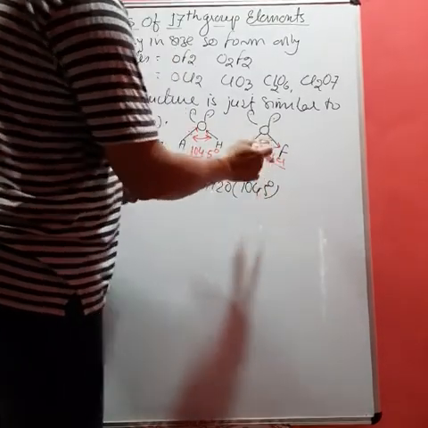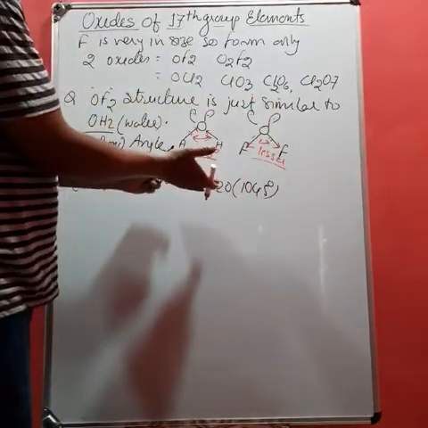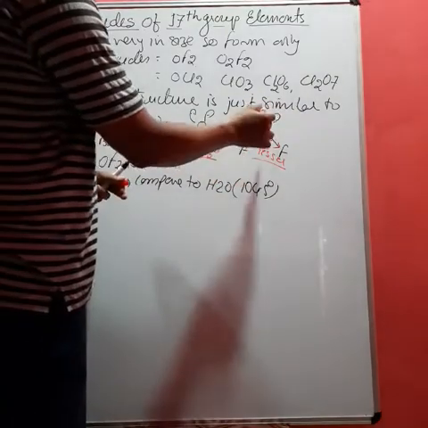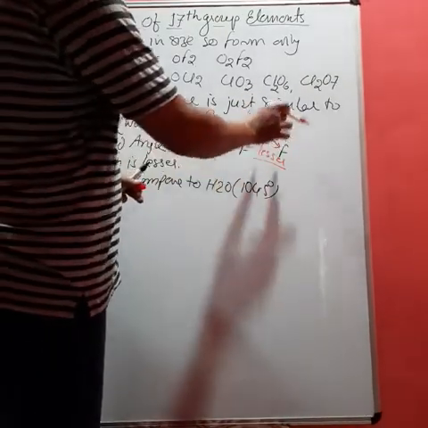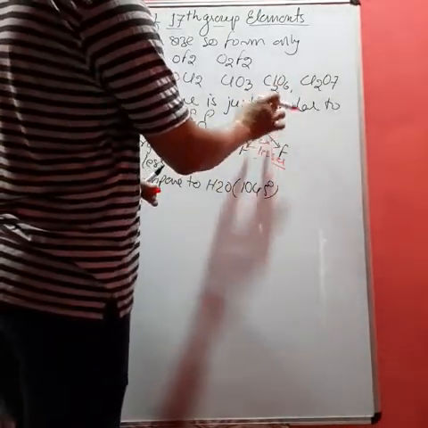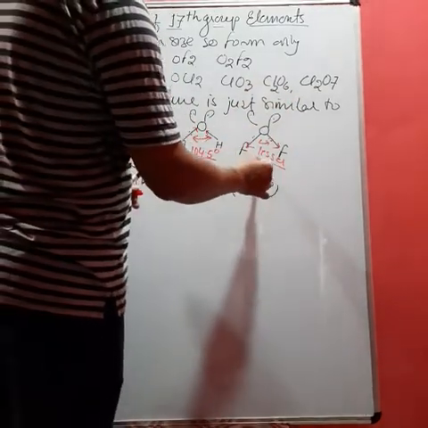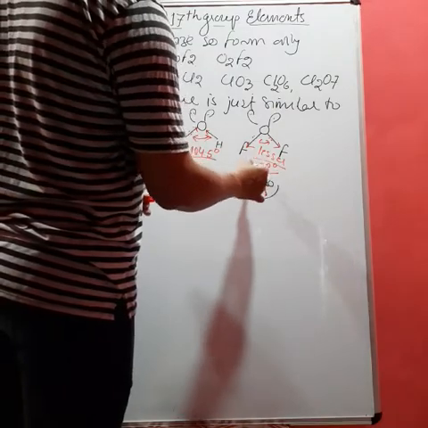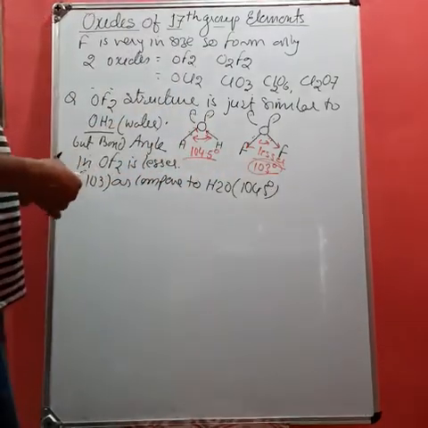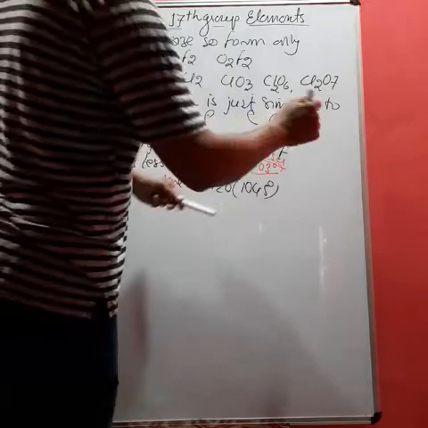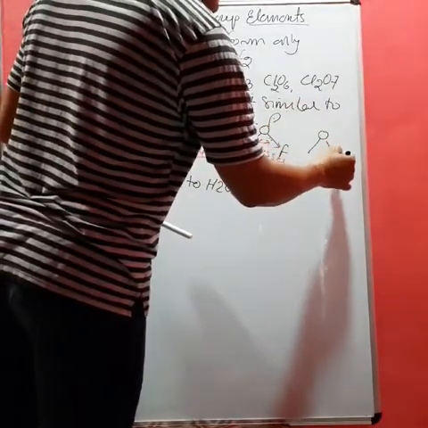Now the bond pair electrons are shifted towards fluorine, that is, they go away from the oxygen, and therefore the bond pair repulsion is a little lesser. Therefore, the bond angle remains only what? 103 degrees.